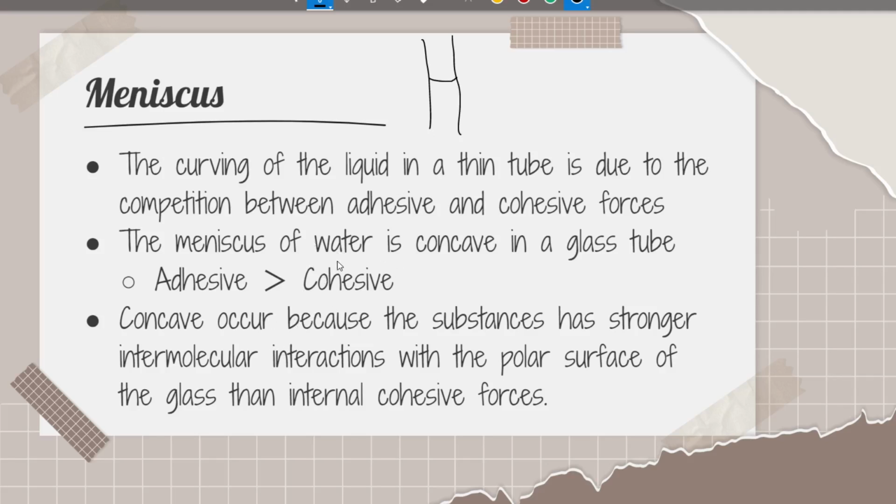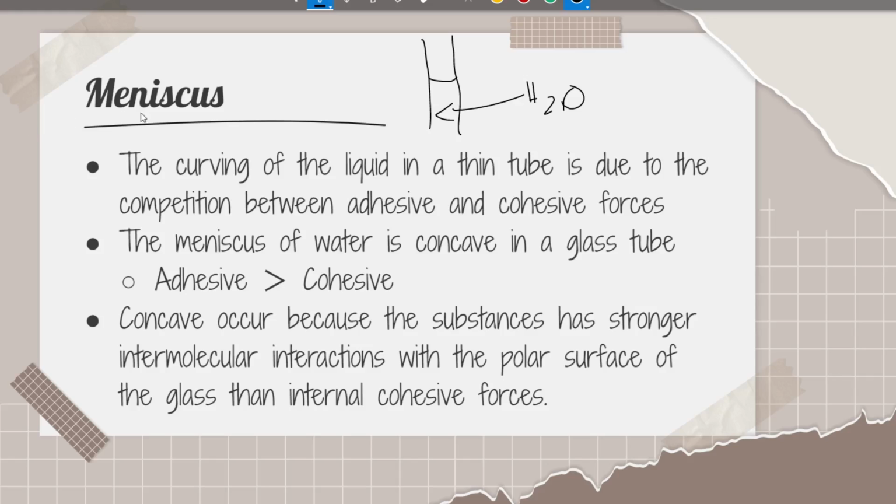The reason why that happens, specifically for H2O, is because the adhesive forces of the water molecules to the outside of the container are stronger, and so they kind of lift them up a little bit, so that's why you get that curve.